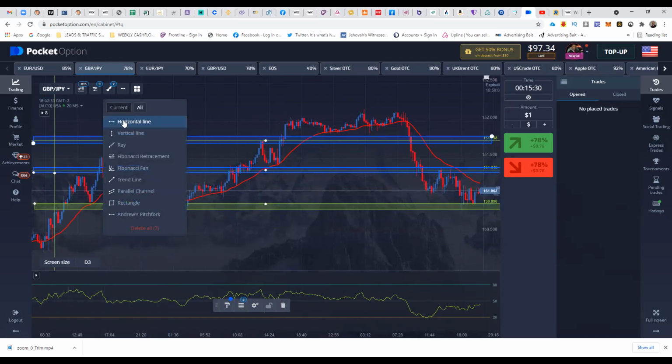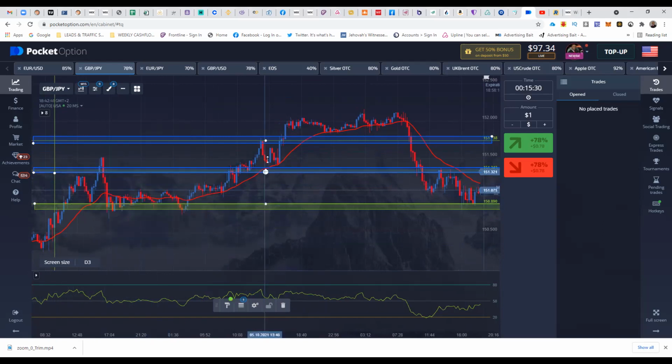And the very next point that I see is really at its highest point up here. You see this, and price rejected this as well, right here. So this is going to be our demand zone and the supply zone.